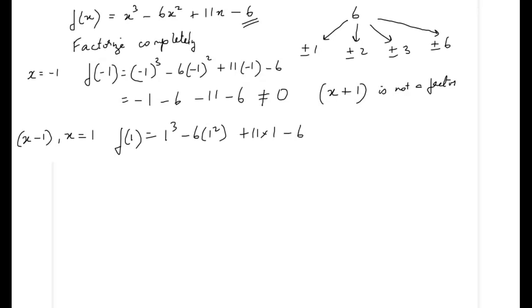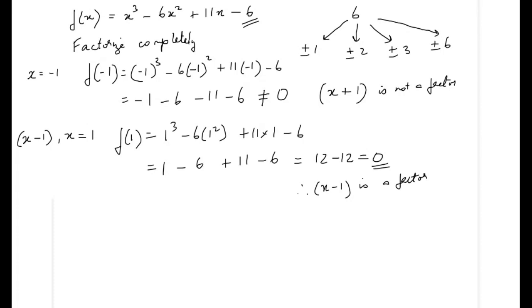If I simplify that, I get 1 minus 6 plus 11 minus 6. That gives me 12 minus 12, which is 0. Therefore, x minus 1 is a factor because it gave me a remainder of 0.